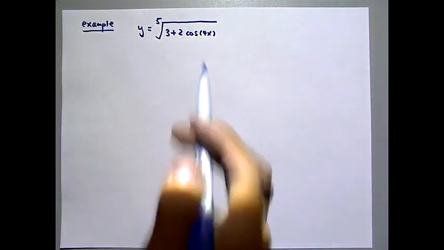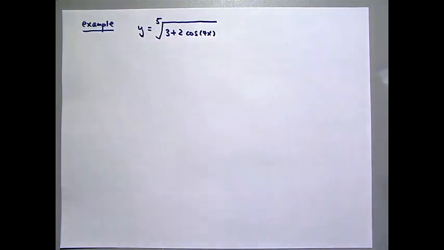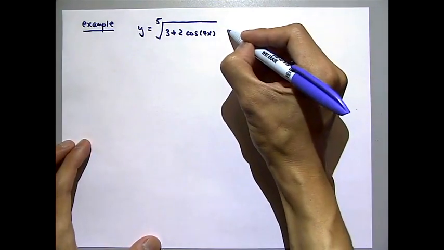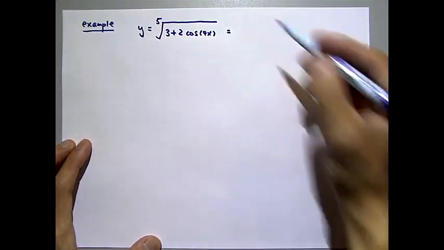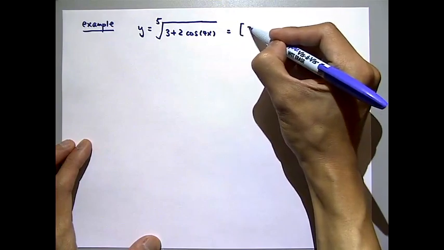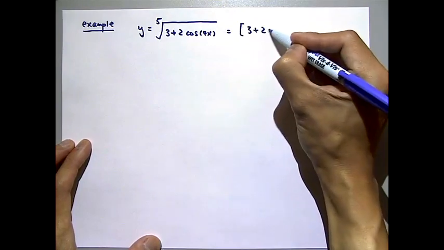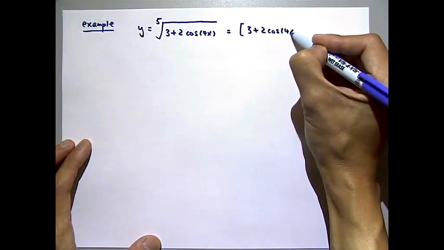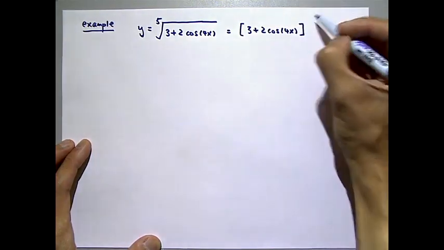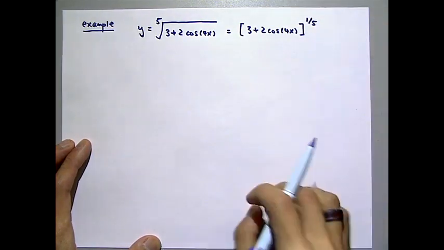Okay, so y is equal to something to the fifth root, and that something could be complicated like what we got here. Remember, the good first step is to just simply rewrite it as 3 plus 2 cosine of 4x to the power of 1/5.